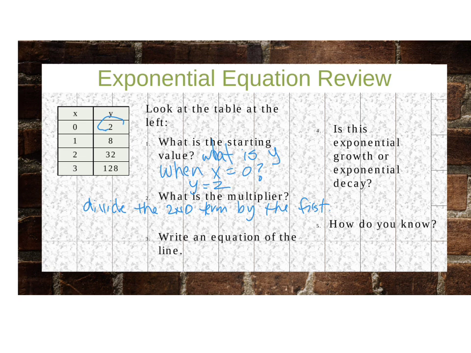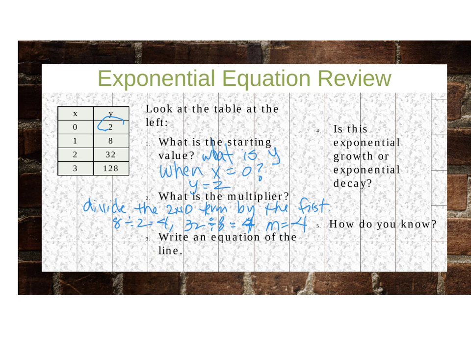So the second term would be 8 divided by 2, which is 4. And we try the next one just to make sure the pattern stays true and fits. 32 divided by 8 equals 4 as well. So our multiplier is 4.